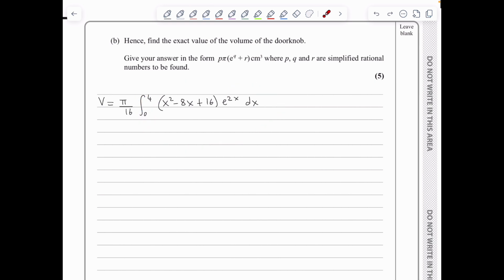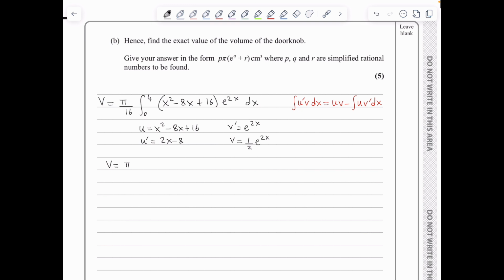I'll be using integration by parts here, so the integral of u v dash is uv minus the integral of u dash v. I will start by setting my u to be x squared minus 8x plus 16, and my v dash will be e to the 2x. This means that u dash is equal to 2x minus 8, while v is going to be 1 over 2 e to the 2x, and I can proceed.